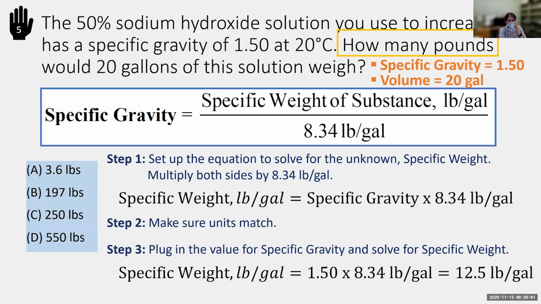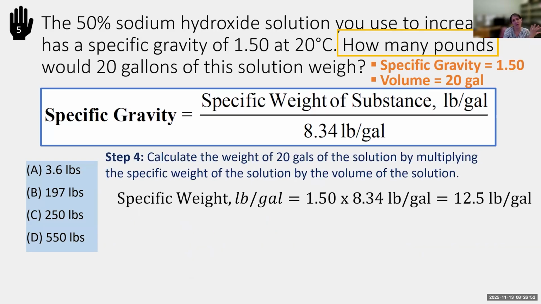Now again, we just calculated how many pounds 1 gallon of our solution weighs, but we want to know how many pounds 20 gallons weighs. So we're going to calculate the weight of the 20 gallons of the solution by taking the specific weight we calculated and multiplying it by the volume of our solution.